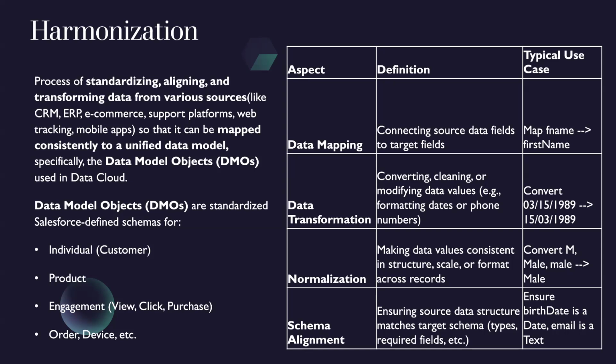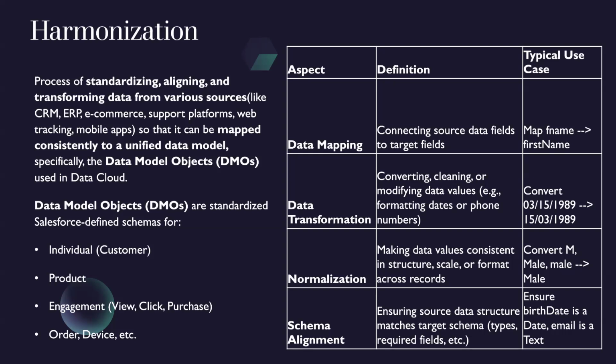And if the standard data model objects are not helpful in storing your data, maybe you can create your own custom data model objects and map those with your external or your source systems. So for example, in the individual data object, you mainly store your customer information, maybe their first name, last name, right? So let's understand the process of harmonization.